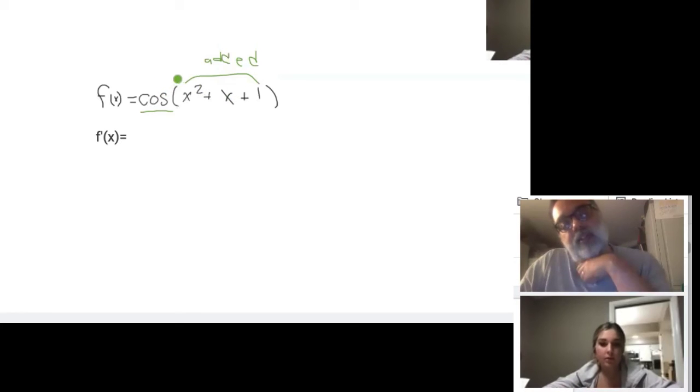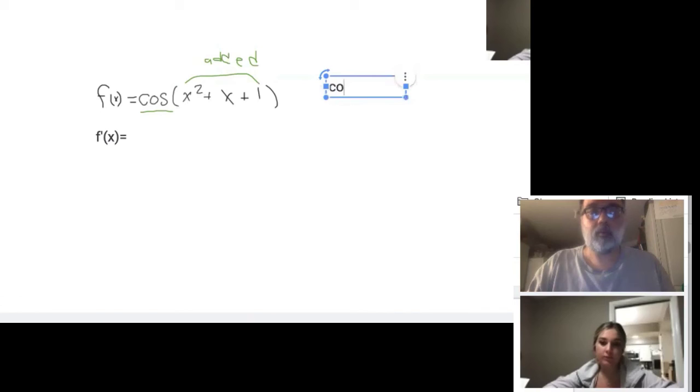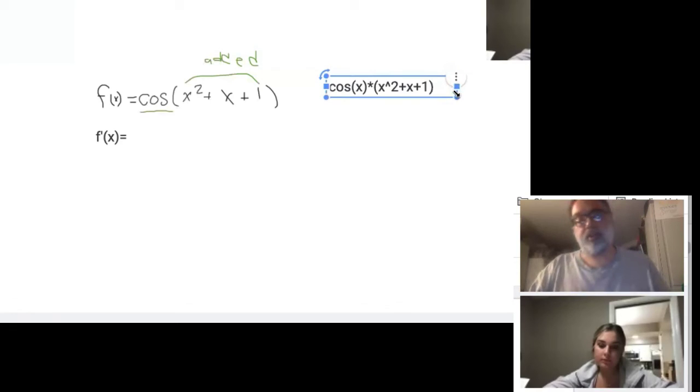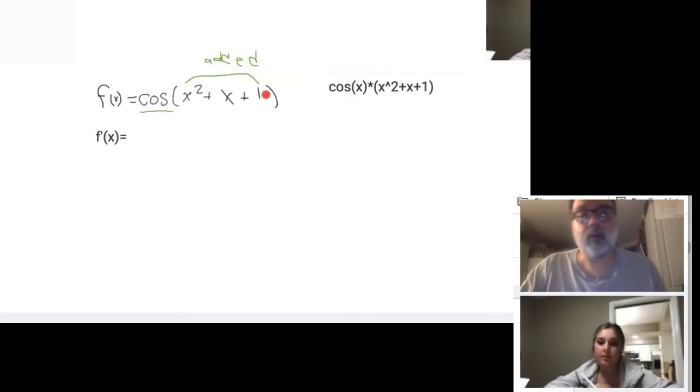Well, what makes it different is, so this is different than this, right? So these two things are not the same.